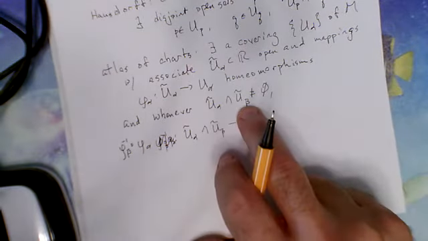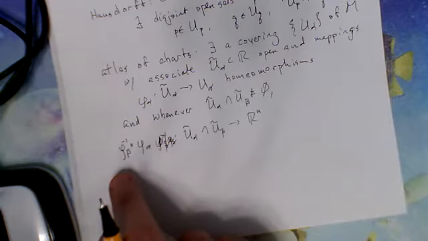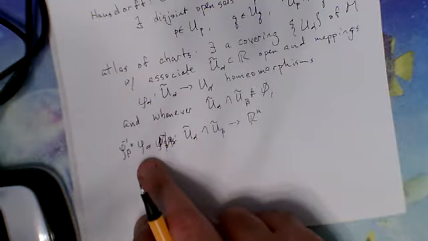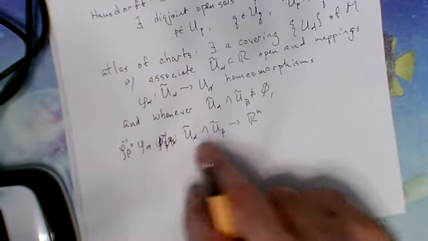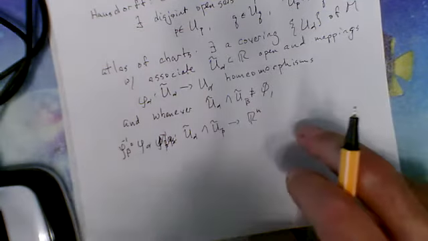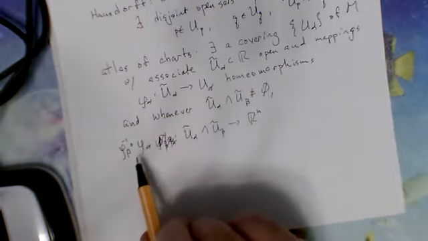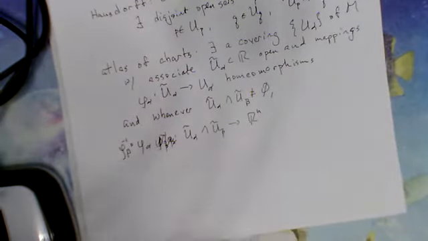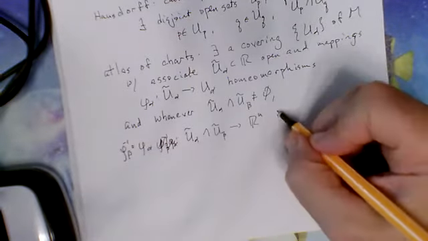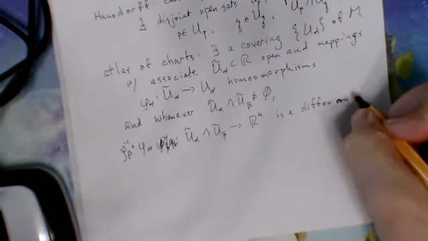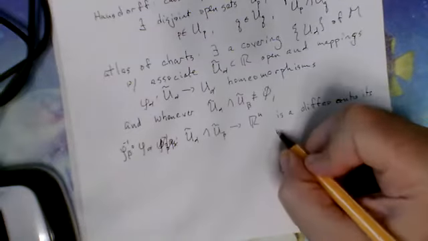Whenever this intersection of open sets in Euclidean space is non-empty, I can compose my coordinate charts. First I map from my set in Euclidean space to my manifold by phi alpha, and then I map back from my manifold into Euclidean space by the inverse of phi beta. And I want to require that this map is a diffeomorphism onto its image.